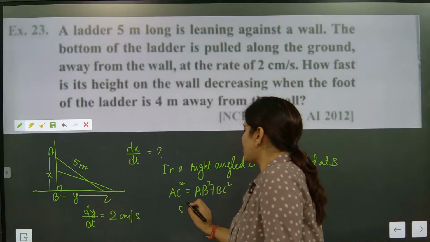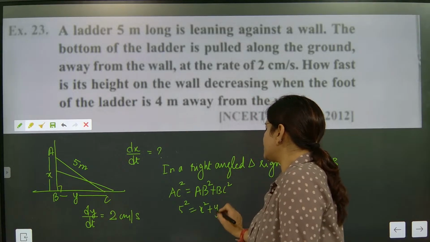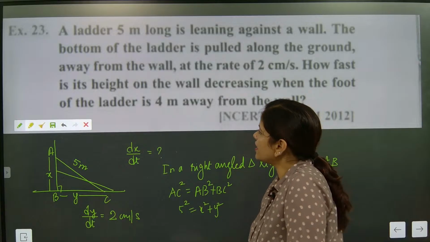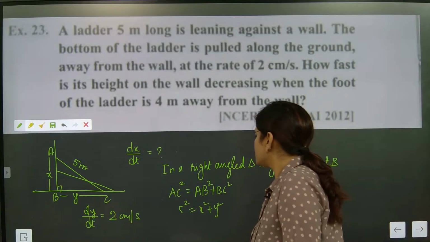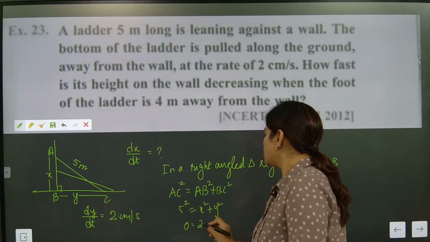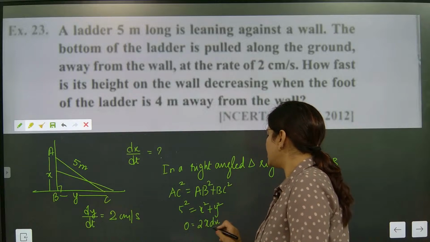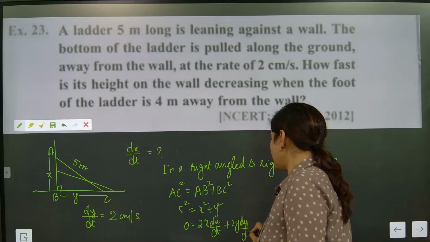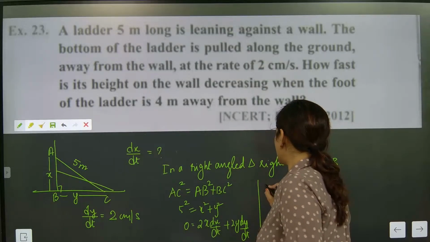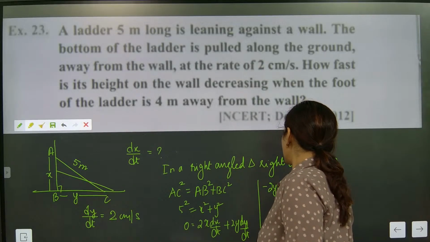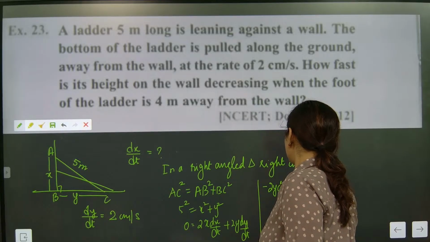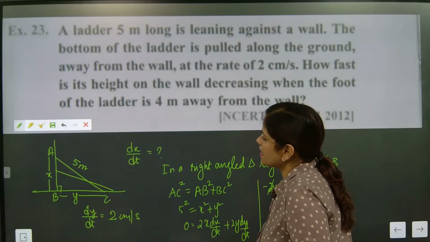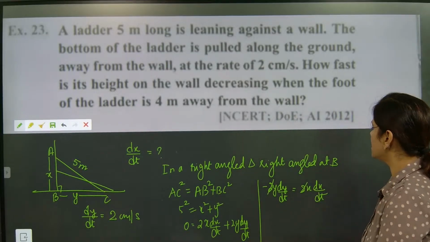So AC is 5, and 5 square is equal to x square plus y square. Differentiating with respect to t. Understood? So here it will become 0 is equal to 2x dx by dt plus 2y dy by dt. Now beta, this one will shift that side. It will become minus 2y dy by dt equal to 2x dx by dt. So this and this will get cancelled. I hope you might have understood this one.